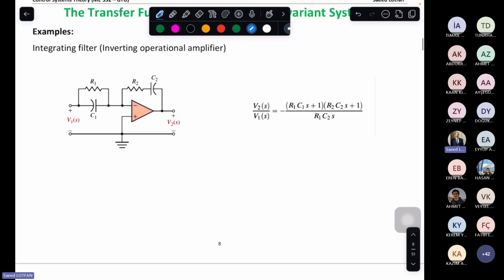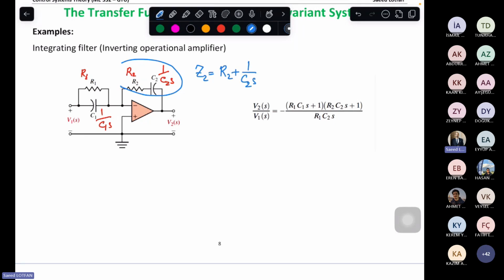So in this case also we have these parallel and series cases. Here we have R2 and 1 over C2S. Here we have R1 and 1 over C1S. So this part is like Z2 equal to R2 plus 1 over C2S.